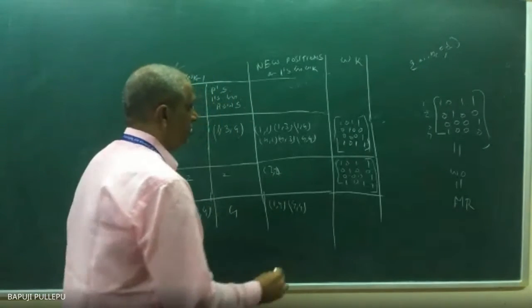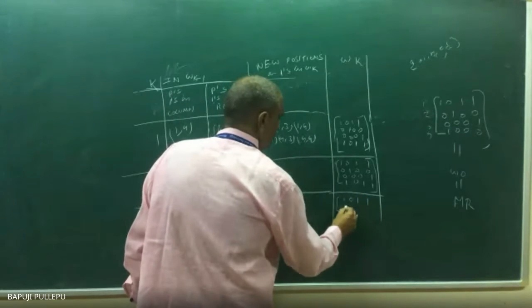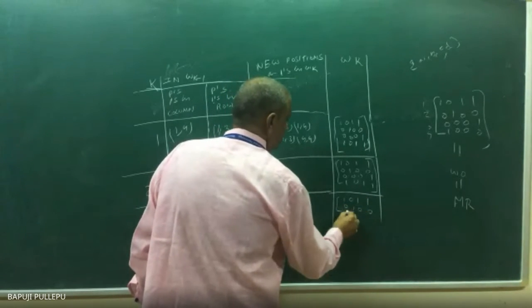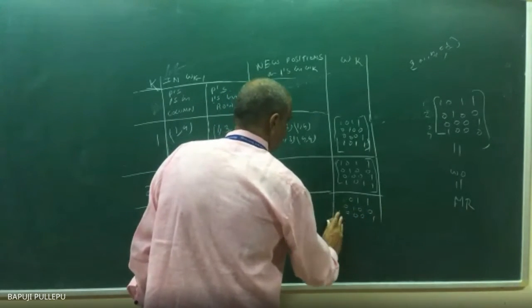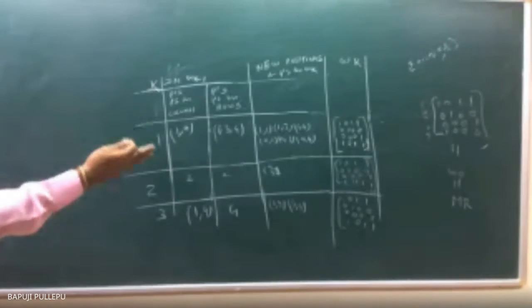Yes, sir. Same thing if you bring this down, what will you tell me? 1 0 1 1 0 1 0 0 0 0 0 1. Then 1 0 1 1. Now the third story is also over. Actually, I got W1, W2, W3.